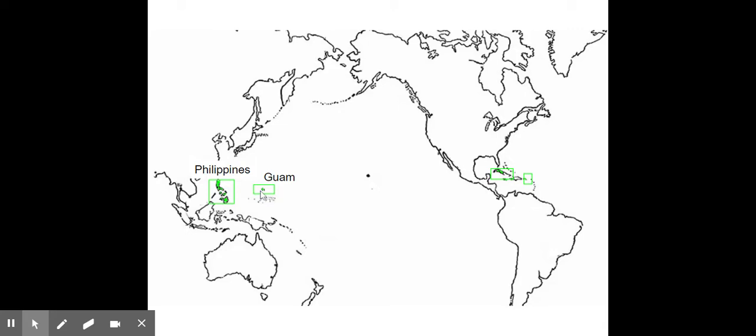Now let's jump across over to the Atlantic. We've got this country right here and this island nation right there. This is Cuba. And then down here we've got Puerto Rico. And we'll review all these and why these are important here in just a second.